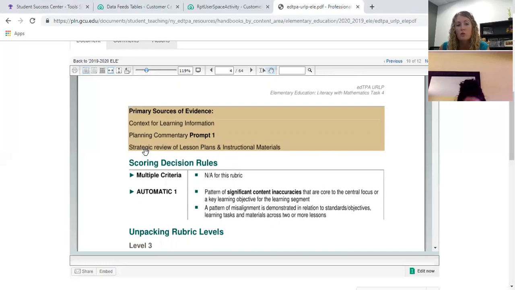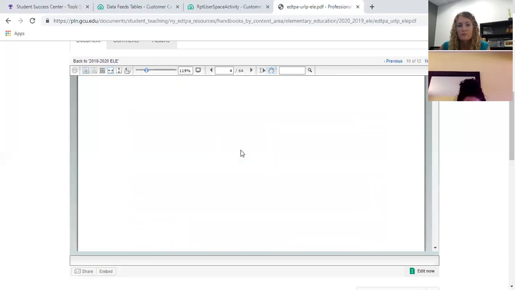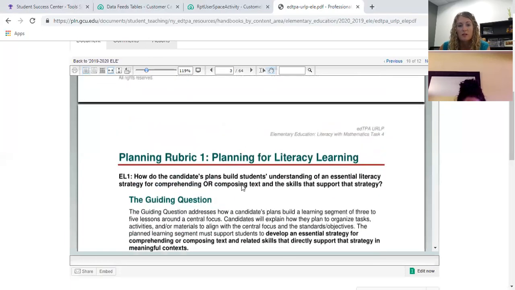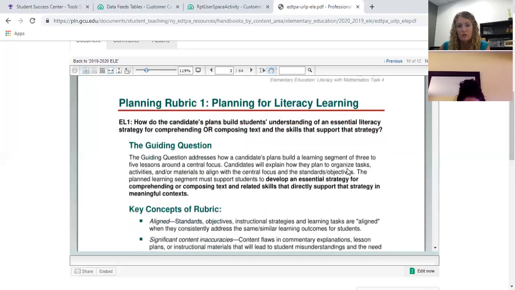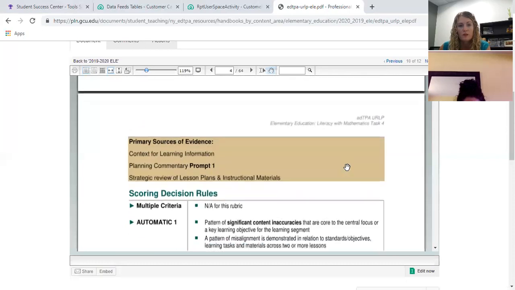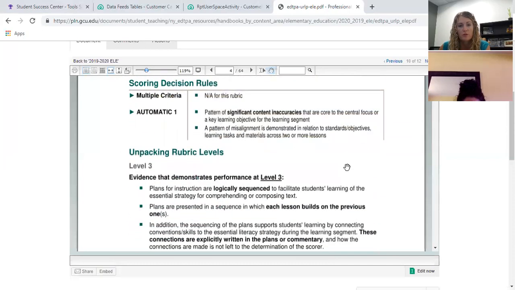So the scorer is going to review your lesson plans and your instructional materials to see if you are adequately building students' understanding of the essential literacy strategy and the skills that support that strategy.